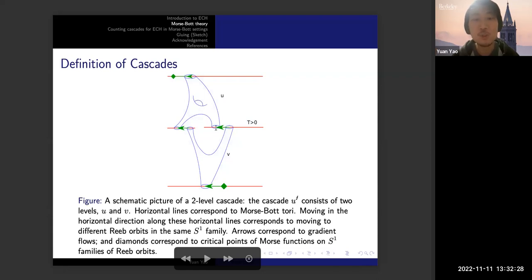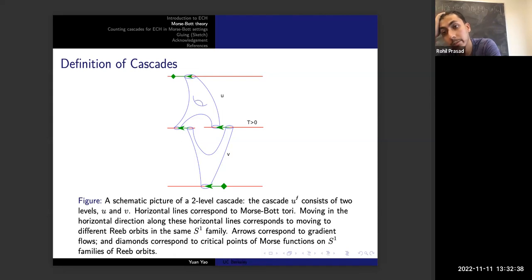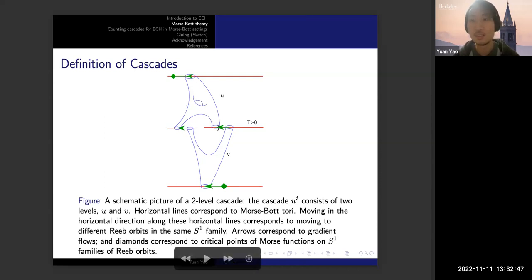You imagine gluing in a cylinder for each of these arrows, and then you have a relative homology class. So you consider the relative homology classes of the gradient flow parts as well. Yes, but they're all 0. The Chern class and self-intersection are all 0 for these gradient flows. The interesting part comes from Maslov indices, but yeah, this is something that can be done.